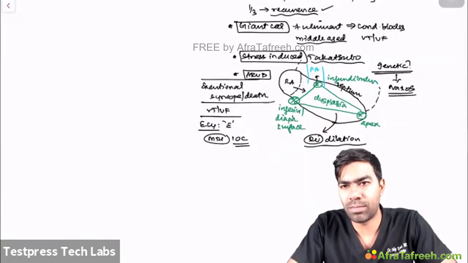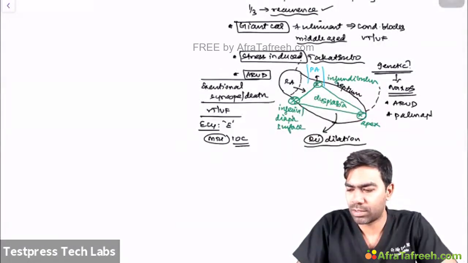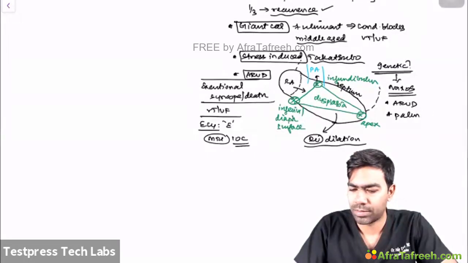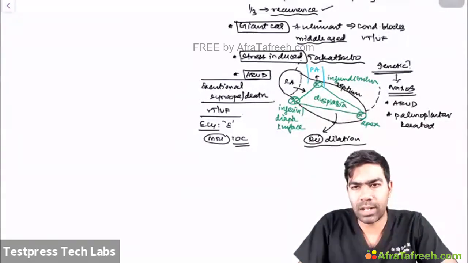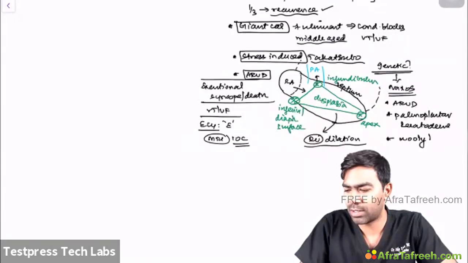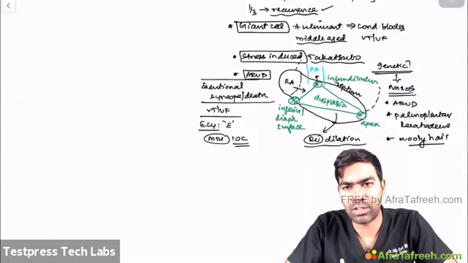That's a genetic form where the patients will have ARVD, palmoplantar keratoderma, and a kind of woolly hair. So this is the triad of Naxos disease or Naxos syndrome, which is a genetic syndrome associated with ARVD.